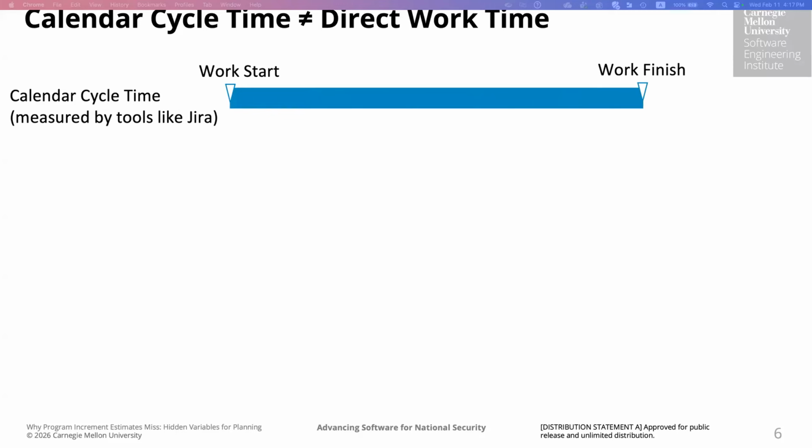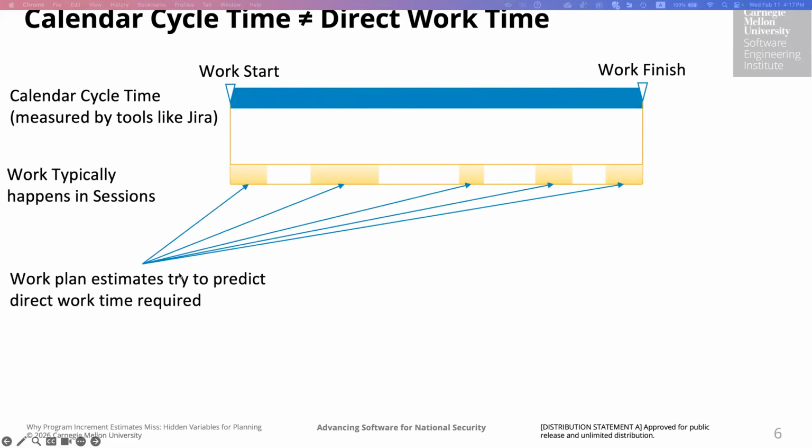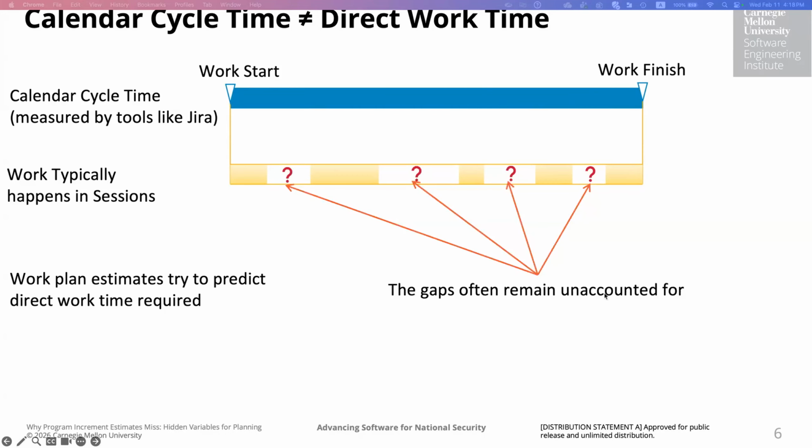This is basically something that you will see in a typical tool like Jira. But work typically happens in discrete sessions, and during that entire period you are obviously not doing this particular work. So when you are actually planning your estimates, you are trying to predict how long the total of these sessions will actually take, but the gaps often remain unaccounted for. So that's basically the hidden variable that we try to measure in this work.